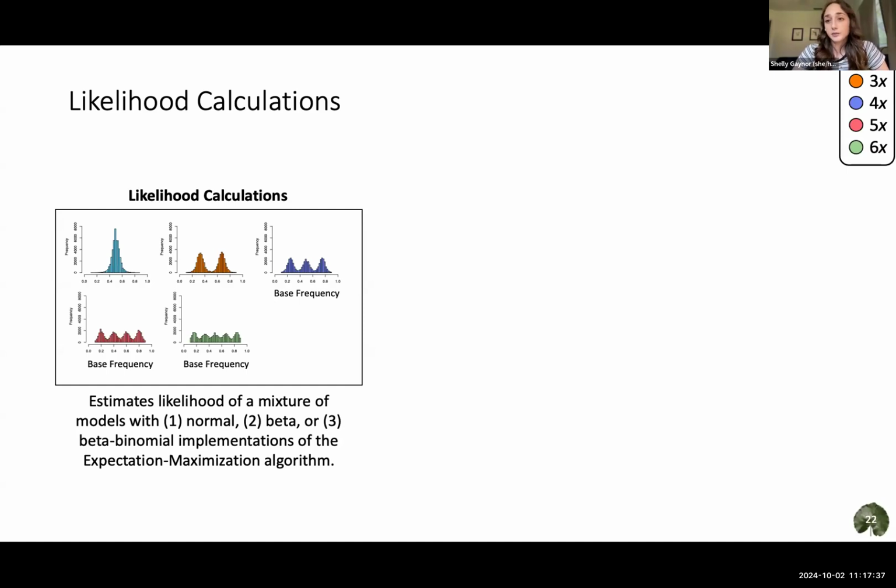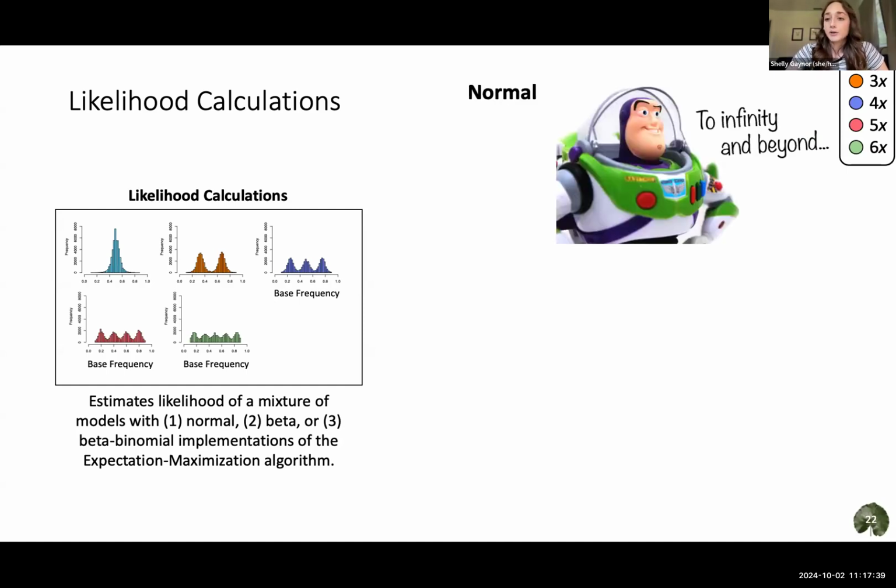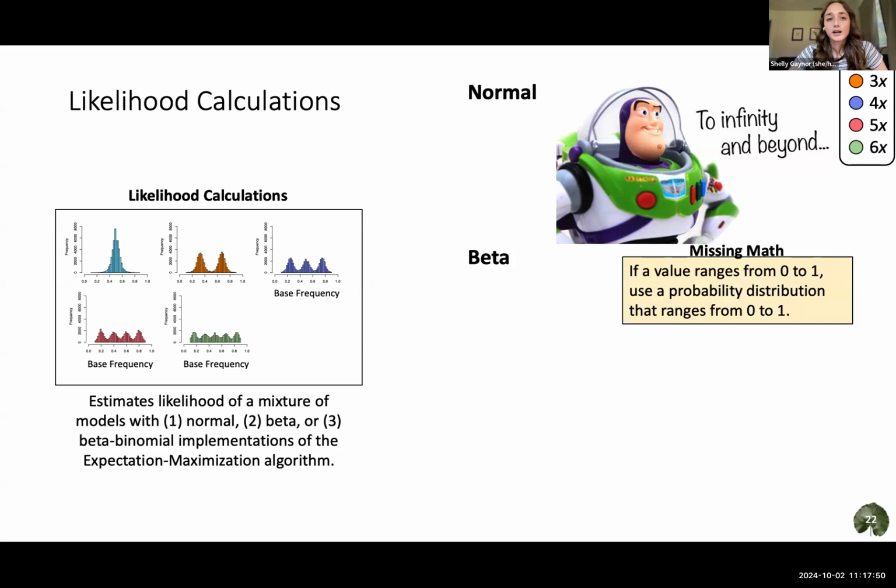To do this, you need a distribution. So we include an implementation with a normal distribution, which spans from -infinity to infinity. But because we're using allele frequencies here, and those range from 0 to 1, why not use a probability distribution that ranges from 0 to 1, like the beta?